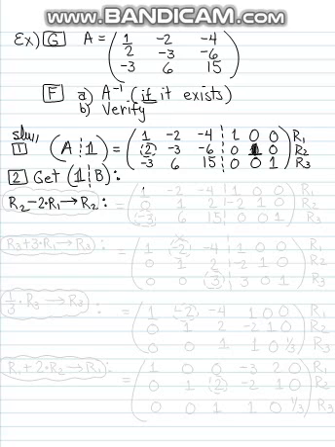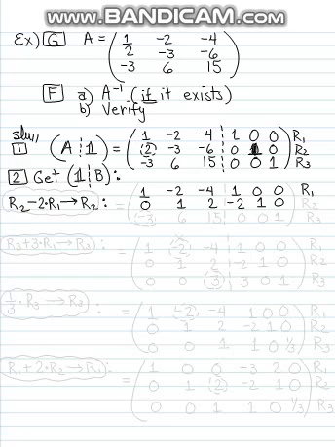Row 1 is totally unchanged. 1, next to that negative 2, next to that negative 4, next to that 1, next to that 0, next to that 0. That's my row 1. Now, row 2 is changing. It is the result of taking our row 2 from the first matrix above, step 1, and subtracting 2 times row 1. The answer goes in row 2, which is what I'm writing now: a 0, and then next to that a 1, next to that a 2, next to that a negative 2, next to that a 1, and next to that a 0.